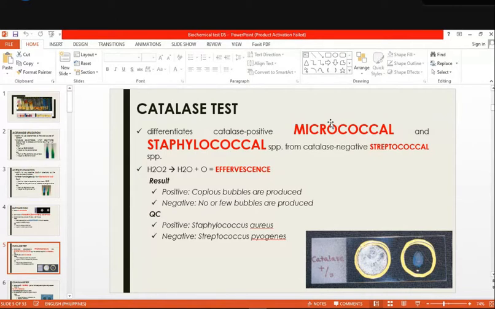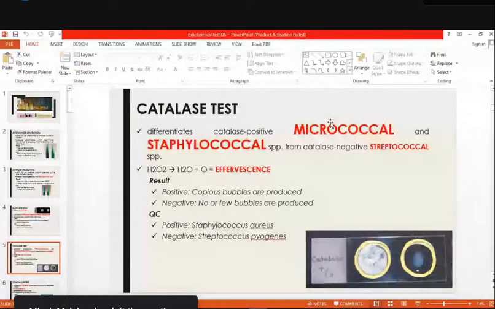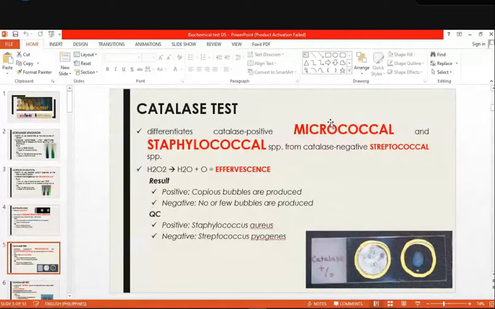Chat box or kung may mic, pwede naman. Ano ang enrichment na nilalagay natin sa ating blood agar plate or our BAP? Ma'am, yung 5% sheep blood po.